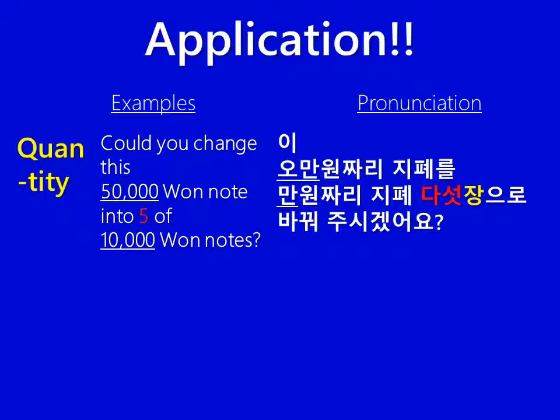I know it's a bit long, but I think it will be very useful if you know this sentence and just change the amount of money or number of papers you want. You can use it in a real situation. Please try. It's useful.